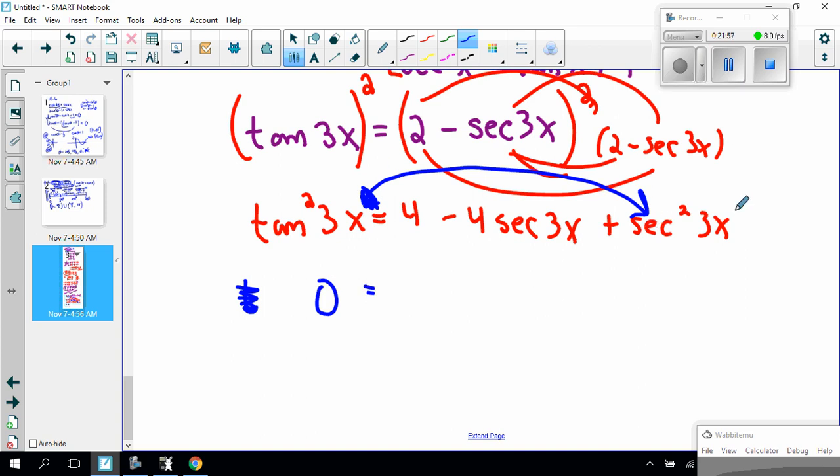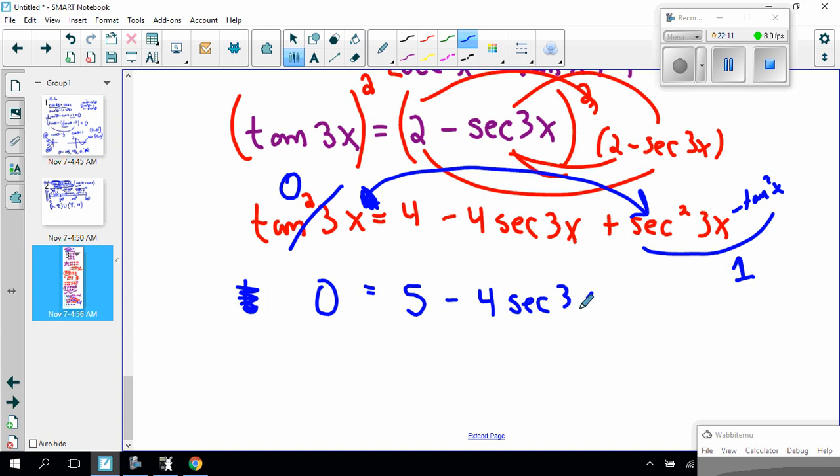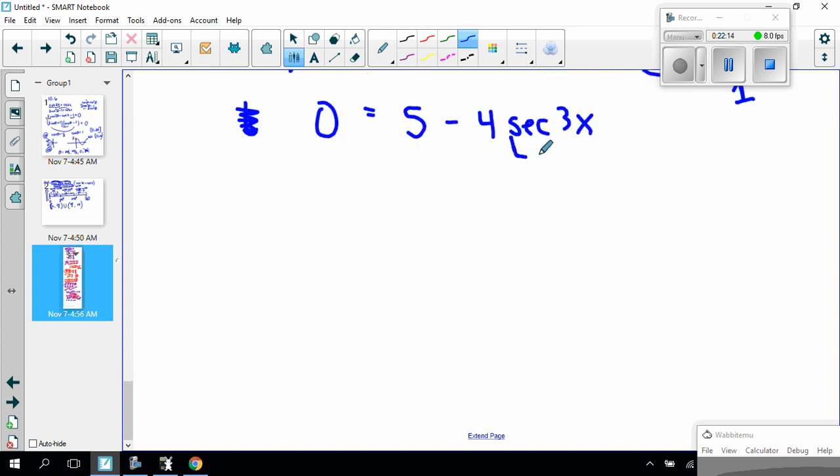Secant squared minus tangent squared, so 0, is 1. 4 plus 1 is 5, minus 4 secant 3x. One trig function, too bad it's not a theta or an alpha in my case. 4 secant 3x equals 5.